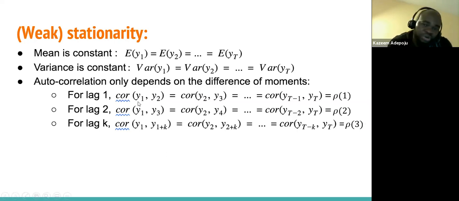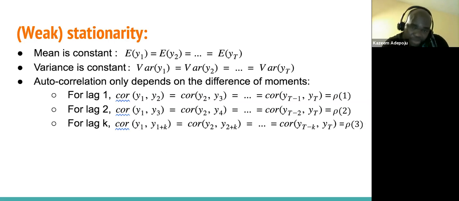Looking at the correlation between y1 and y2 is just like looking at the correlation between what happened now and yesterday. That depends on the unit of measurement, because in time series analysis the unit of measurement could be days, months, weeks, or years.